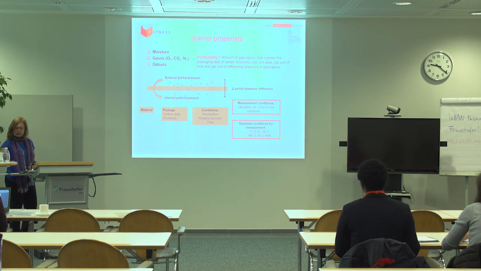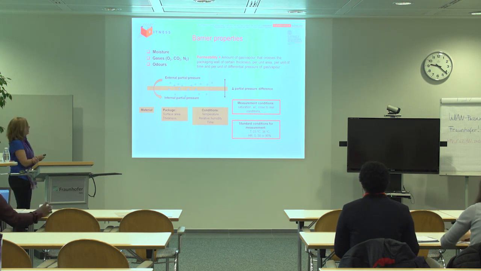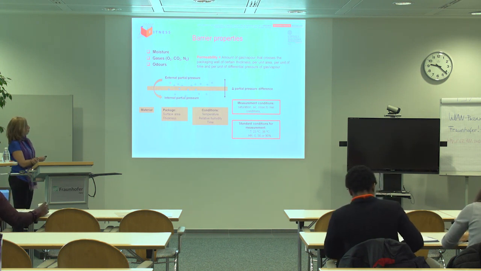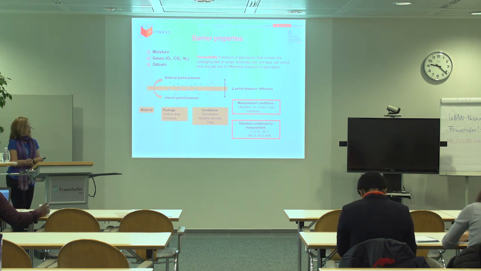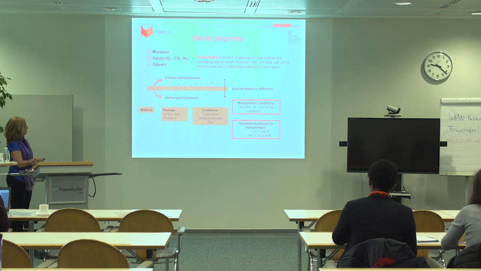So we need to understand that if this represents our material, we have a certain thickness of the material, a certain surface area, and we need an external partial pressure of the permeant, and we have the internal partial pressure.